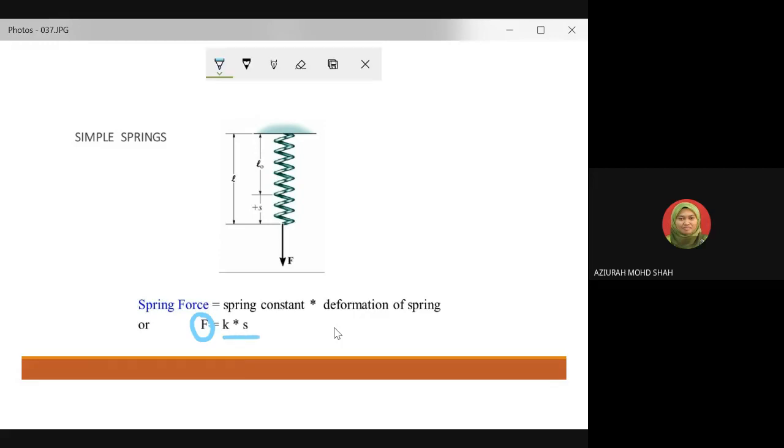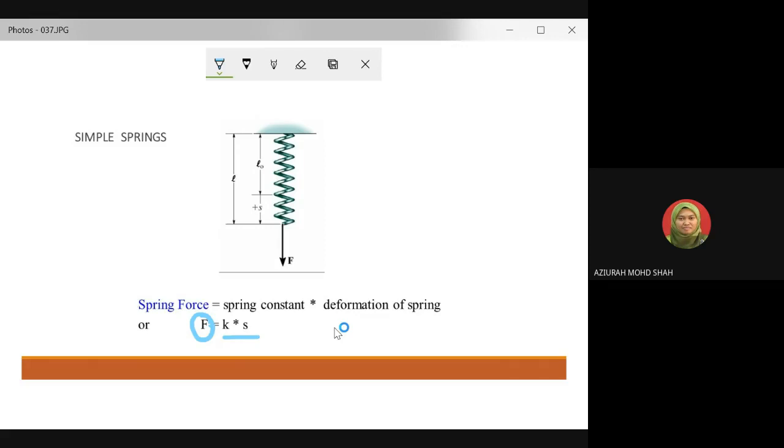K is the spring constant and S is the difference between your original length and the final length. If it is compressed, the final length will be shorter, so we can calculate the change. If it is in tension, the length will be longer.